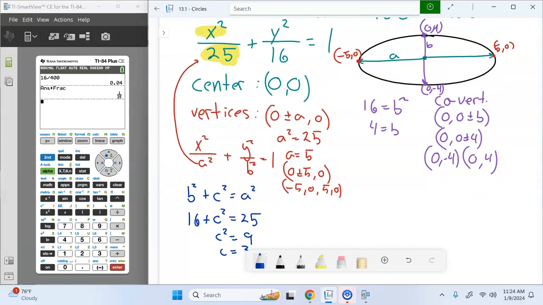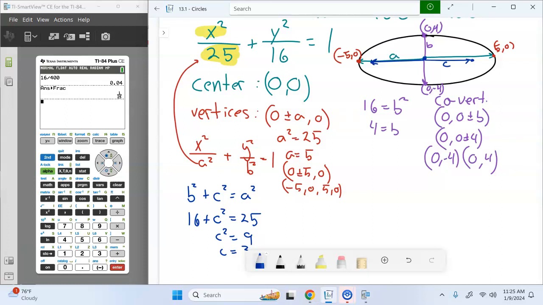So we have to figure out where our foci are going to be. From center, are they going to be on the major axis or on the minor axis? Our foci run on the major. Is our major axis running left and right or up and down? Left and right. So from center, we'll go left and right C units to get our foci.